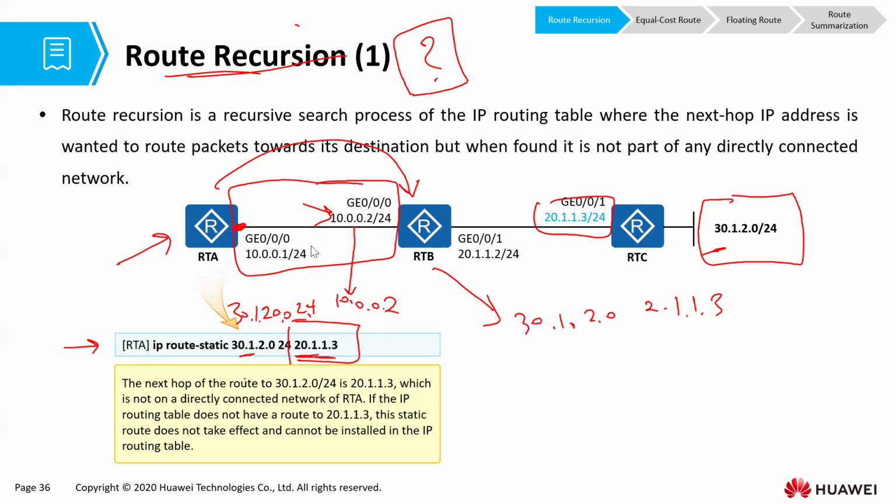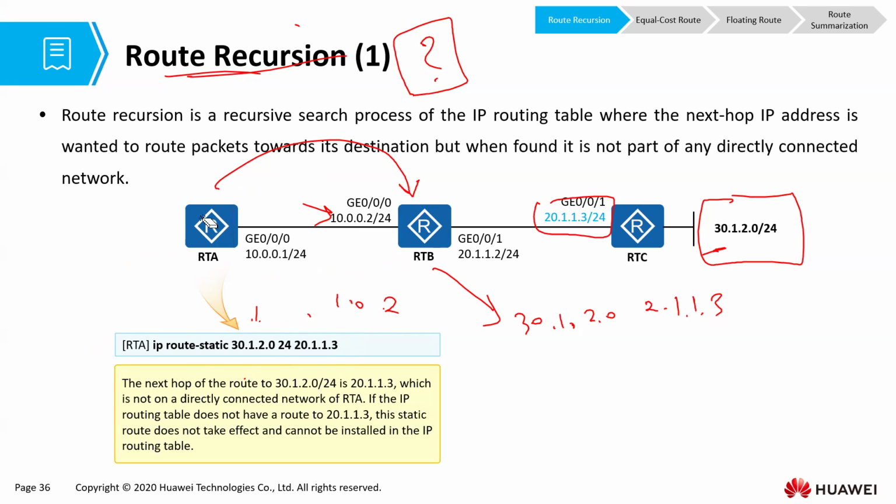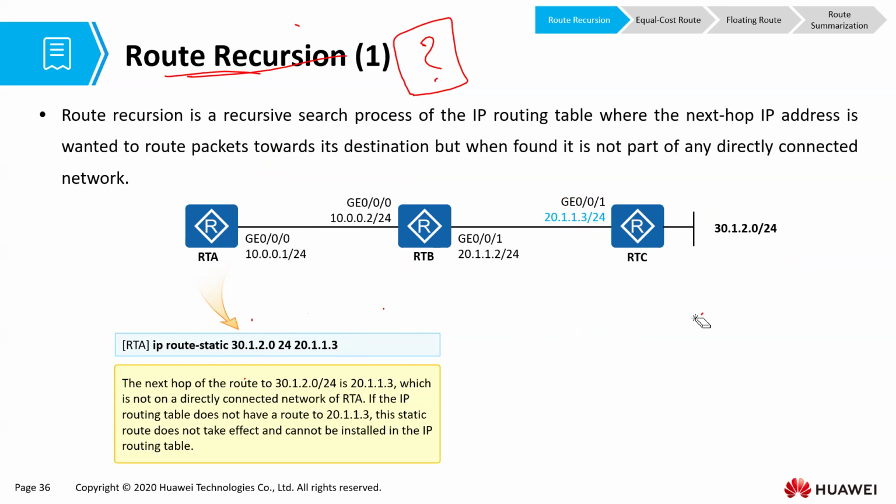Now, a proper explanation of recursion. It's a case where, if you look at this example, you have a route configured, but the route's next hop IP is not on a directly connected network.